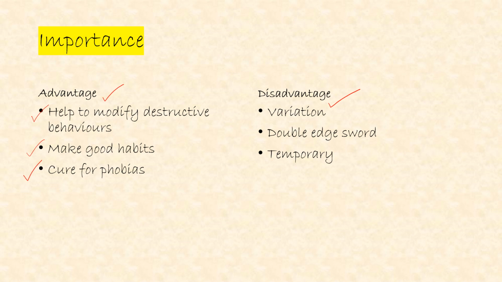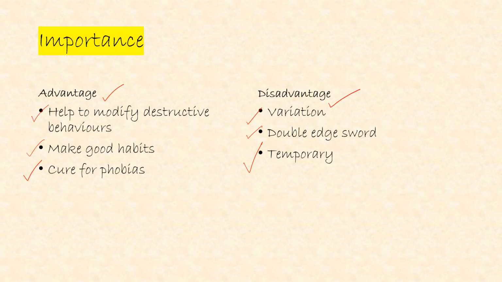And the disadvantage is that it can vary, it has varying results, and many variations that produce multiple outcomes. It is a double-edged sword. It is not permanent, it is temporary.